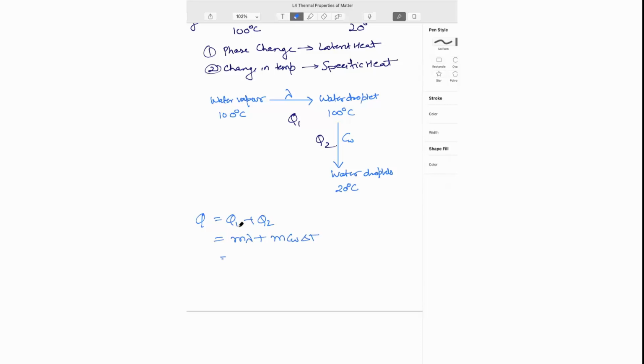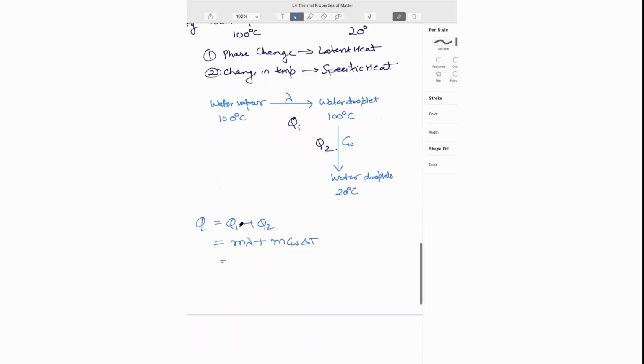M is 1 kg, that is 1000 gram. Lambda is 2260 plus the specific heat of water 4.2 into the change in temperature, which is 80.